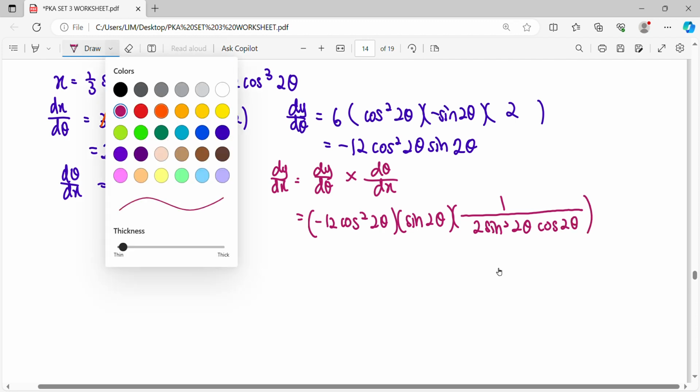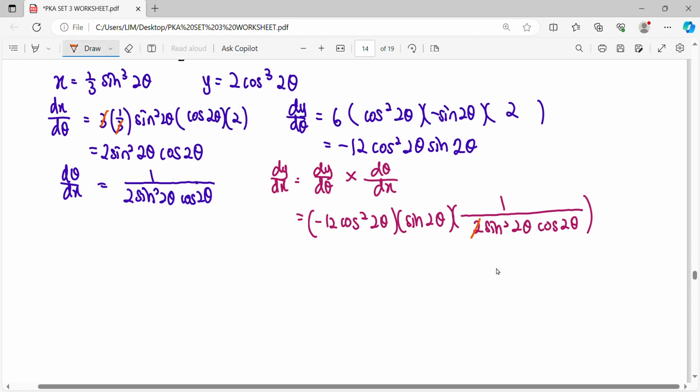We see this term can be simplified: 2 with 12, we get 6. In terms of cos, this is cos squared, simplified, leaving a cos 2 theta. Then sine theta and sine squared. After you multiply, we get negative 6 cos 2 theta over sine 2 theta. Cos over sine in trigo can be simplified as cotangent 2 theta.